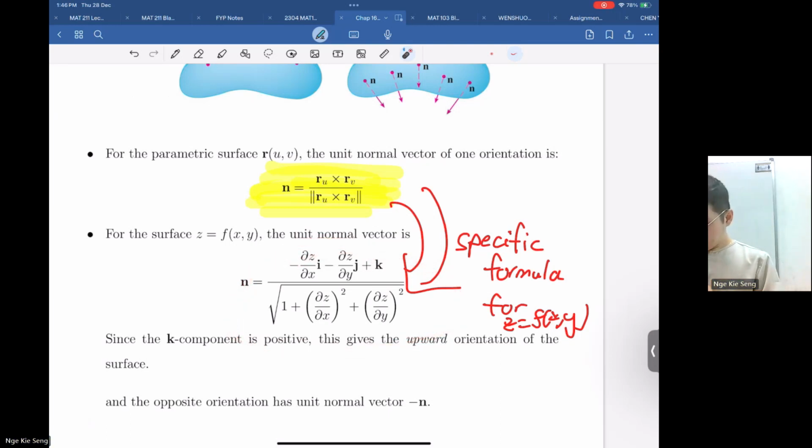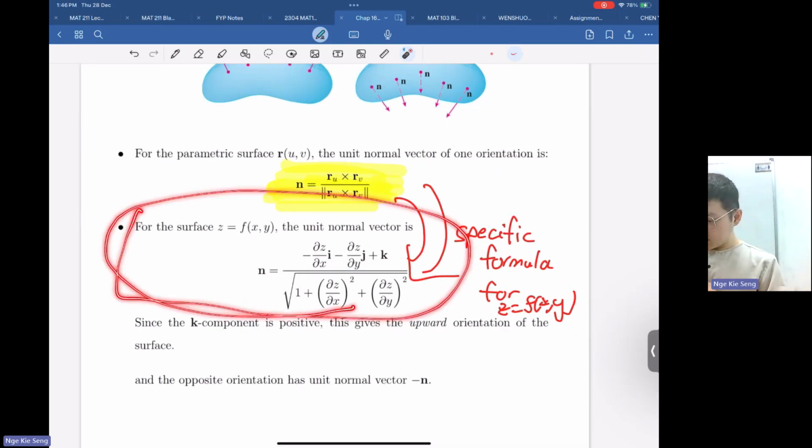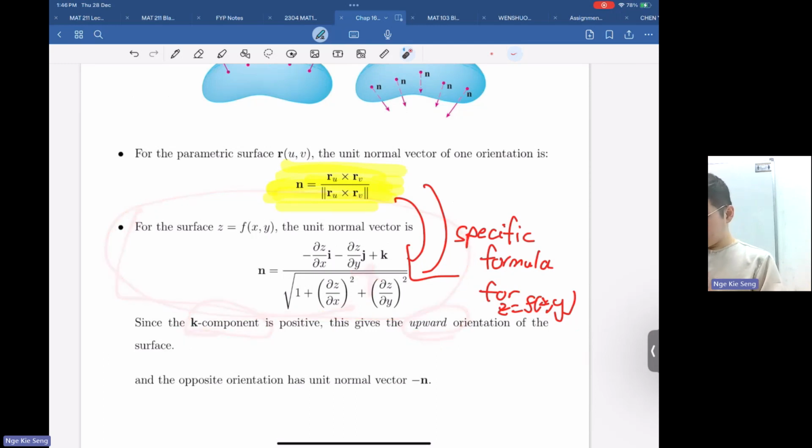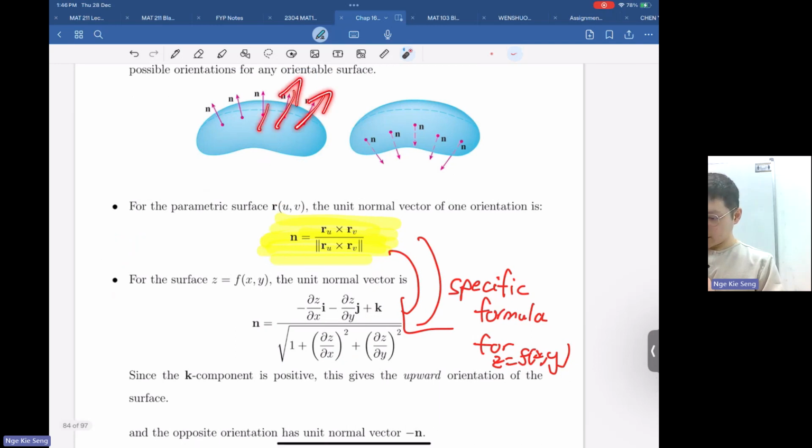This specific formula here is kind of interesting: if the k component is positive, then it will give the upward orientation. If it is negative, then it will give the inward orientation.